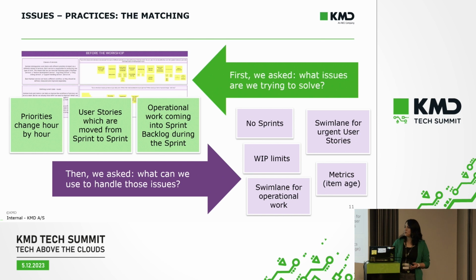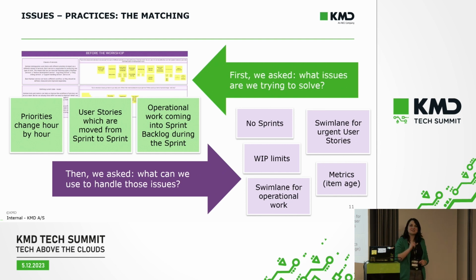So what can we do to handle those issues? Those are the practices that were not chosen by me. Developers chose them. And this is actually something that makes this case study a success story and not a failure story.